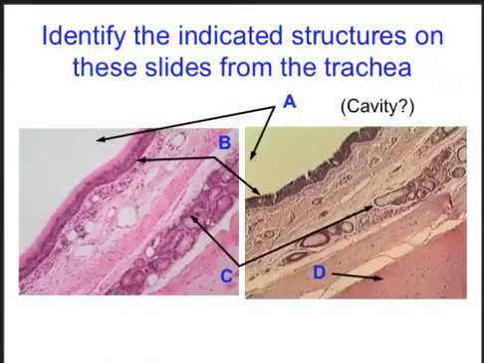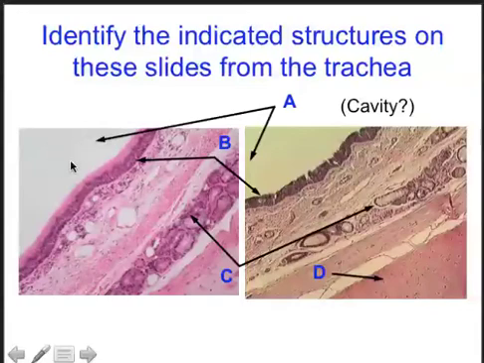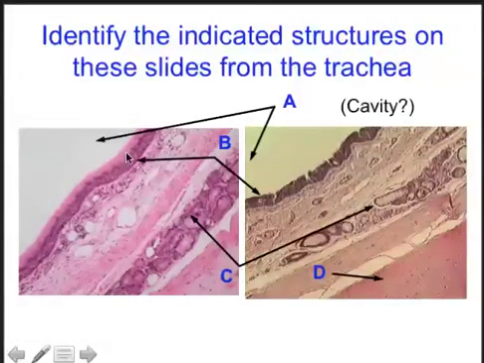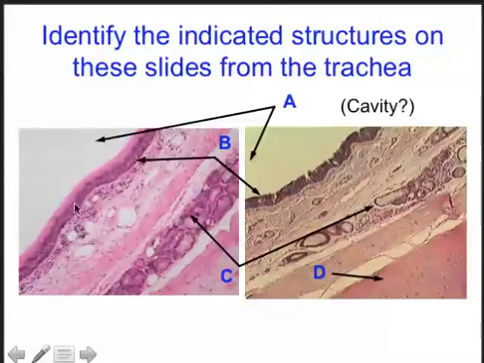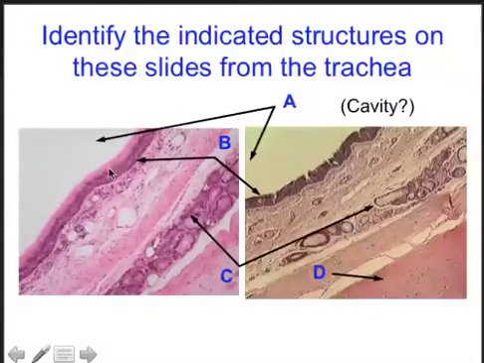Okay, this is a sagittal section through the upper respiratory tract, and what you're looking at here are several different tissue types. Let's walk through what each of these are indicating. A is pointing to the tracheal lumen. This is where the air goes. B is pointing to the layer of pseudostratified ciliated columnar epithelium which lines the upper respiratory tract.